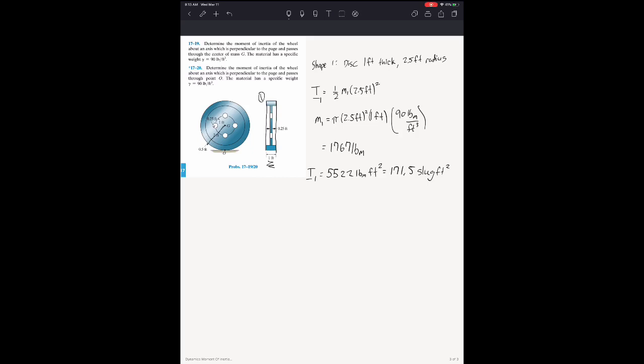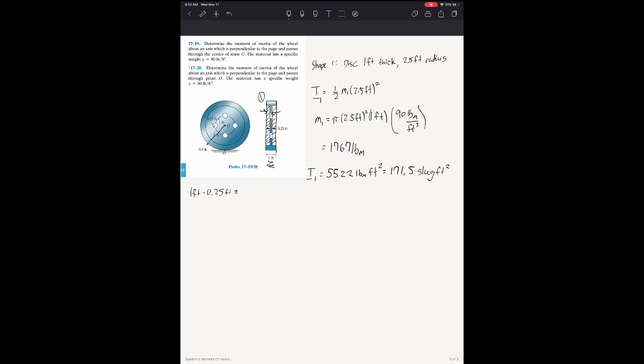And now I need to cut stuff away from it. The first thing I'm going to cut away from it is this. There are 2 of them, and they're identical. They have identical moments of inertia. They are thin discs. They have a thickness of, well, let's see. This thickness is going to be 1 foot overall minus 0.25 feet, which is the center bit.